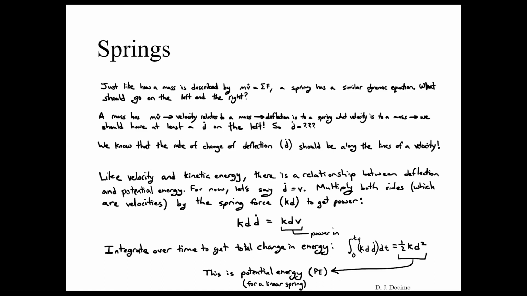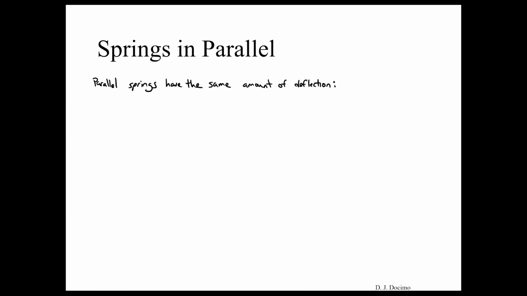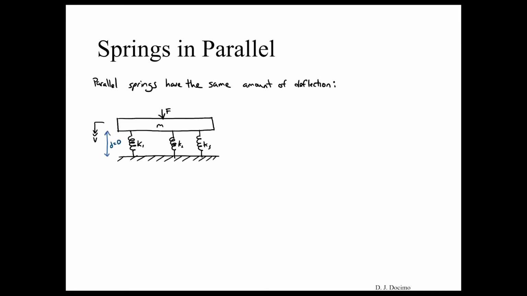Now, just a few more concepts about springs. If we have springs in parallel, they have the same amount of deflection. So for example here, let's ignore gravity for this case. Actually, it doesn't matter if we ignore gravity or not, so it's okay to include it. If we have our mass, which has some force applied to it and has 3 springs that are all connected essentially to the same points, we can write m v dot is equal to F minus K1 plus K2 plus K3, or an equivalent K here.